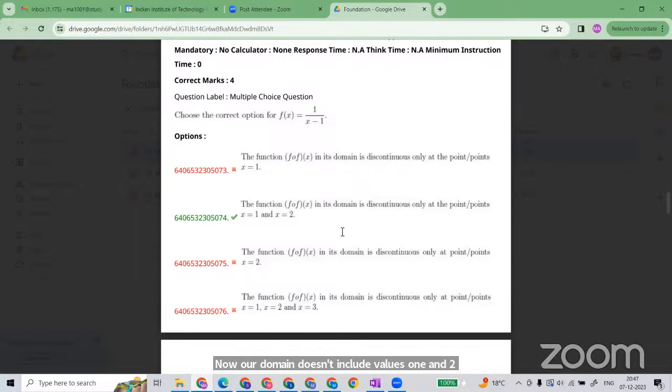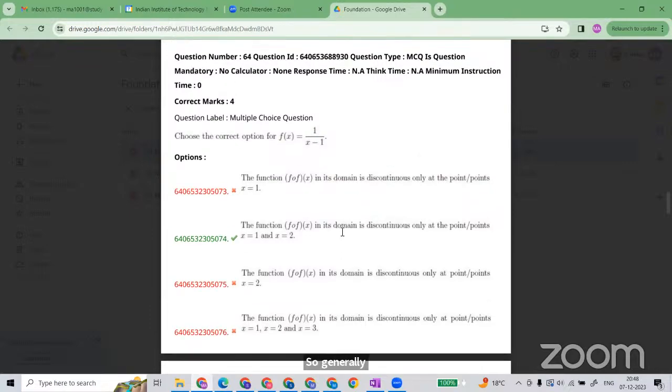If you check it, our domain comes out to be real numbers minus the set {1, 2}. Generally, when we are asked a question, for instance, is log x continuous in its domain, then we consider the domain 0 to infinity, for which log x is continuous.